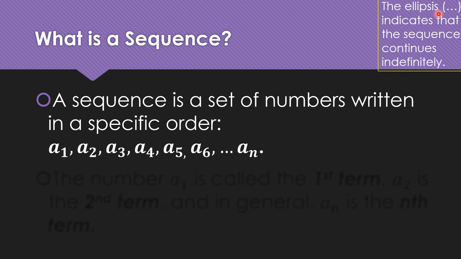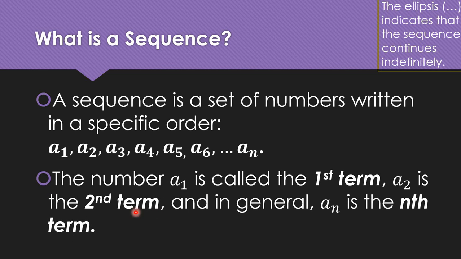So the ellipsis, denoted as yung 3 dots, indicates that the sequence continues indefinitely. So alam naman natin sa set of numbers, we have infinite set of numbers. So if you want to show infinity, we just use the ellipsis in our series of numbers. And then yung a sub n denotes the last term, or if you want to end the sequence.